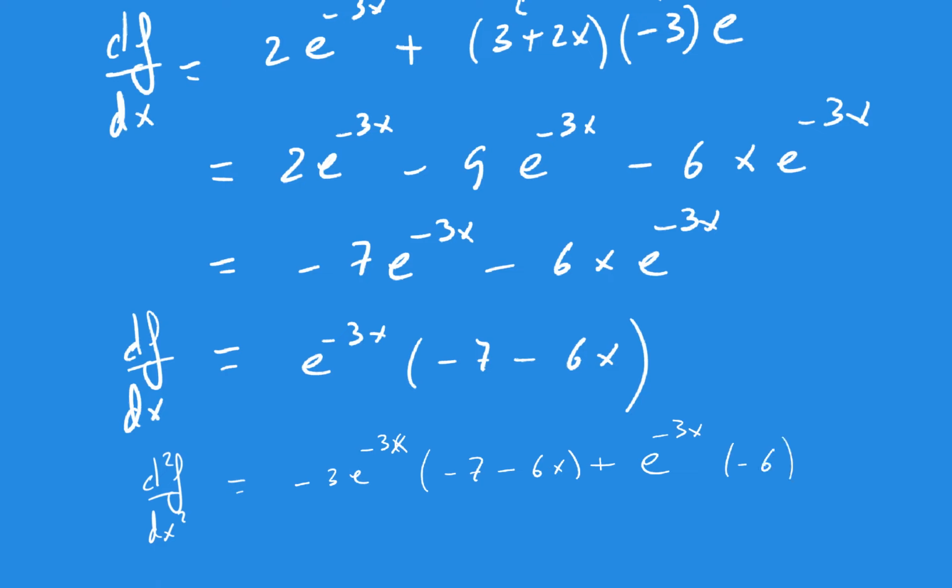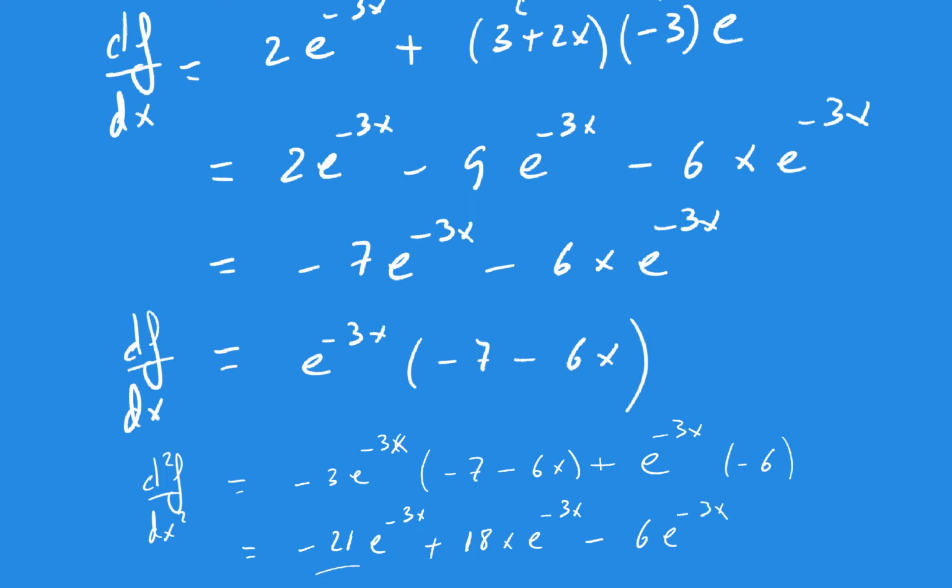Now, if I do a little bit of algebra, it will be minus 21 e to the minus 3x plus 6 times 3 is 18 x e to the minus 3x, minus 6 times e to the minus 3x.